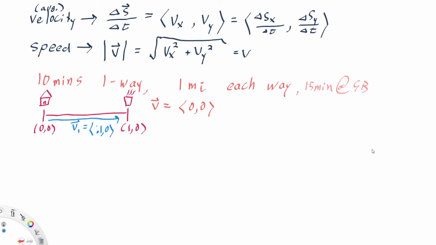So then what is going to be your average velocity on the way back? Yeah, on the way back, it's going to be minus 0.1.